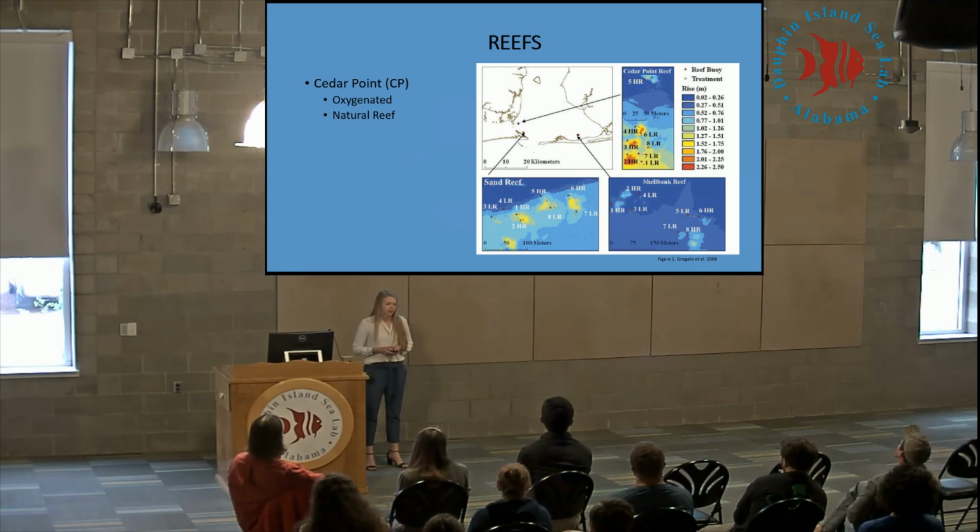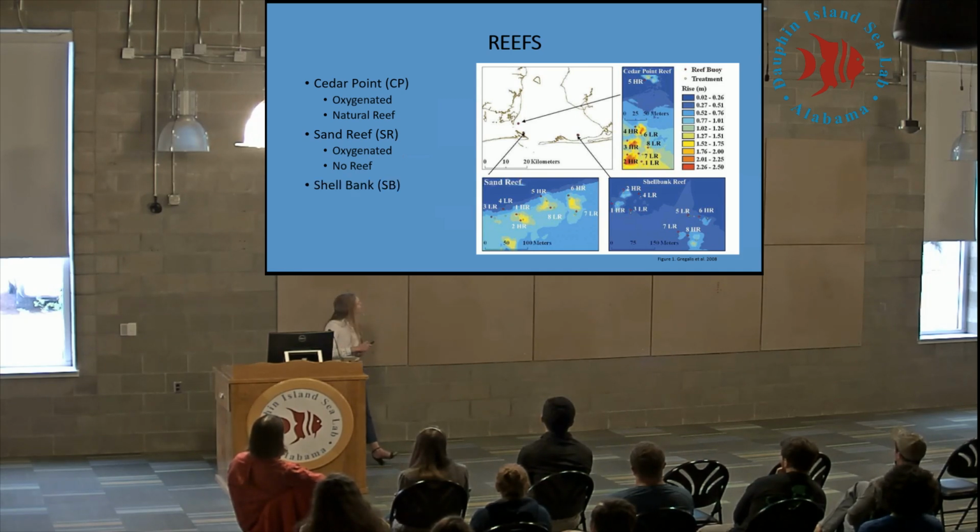So these are the reefs that they deployed in 2004. Our first reef is Cedar Point. That reef is just north of Dolphin Island, this one right here. It's on the western side of the bay, so it has that awesome oxygenation, as well as a history of natural oyster reef.